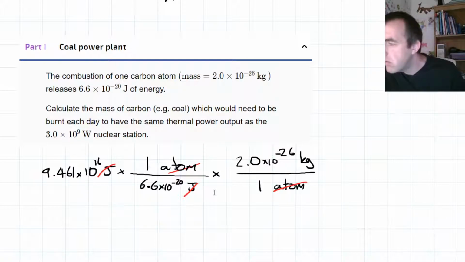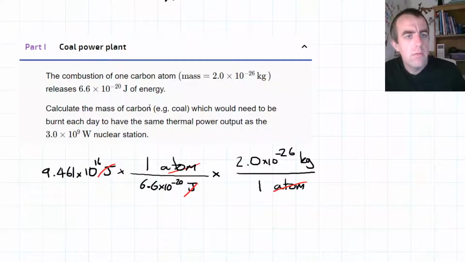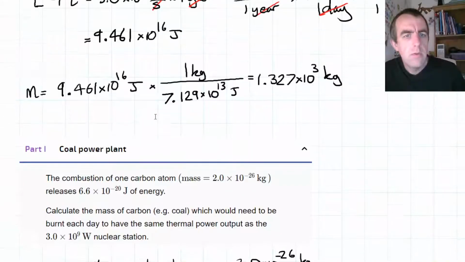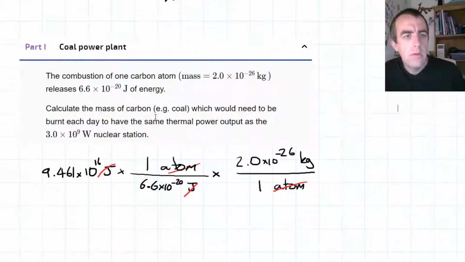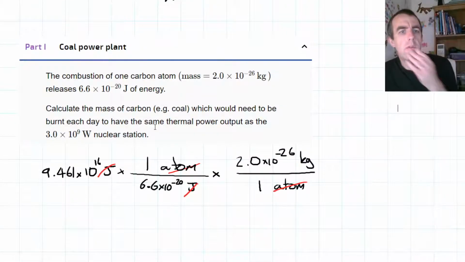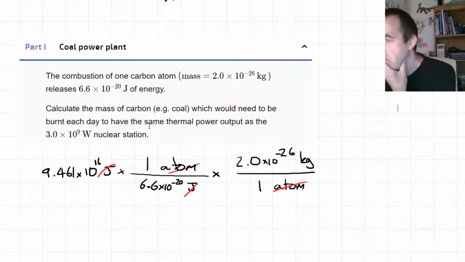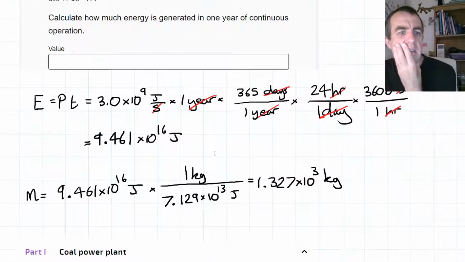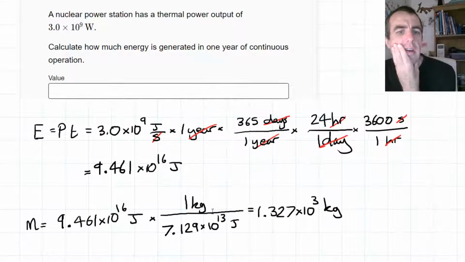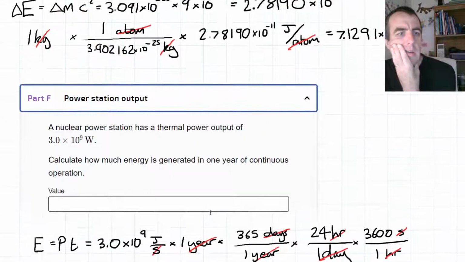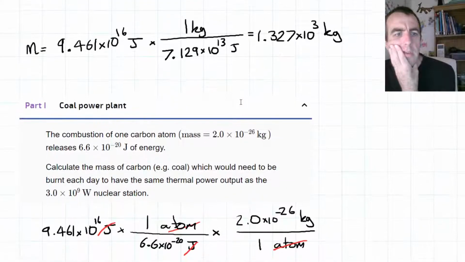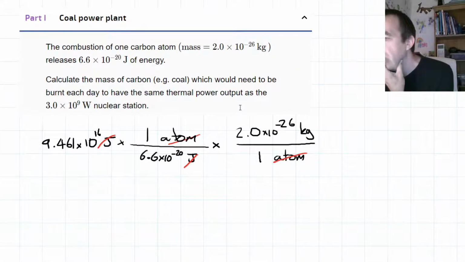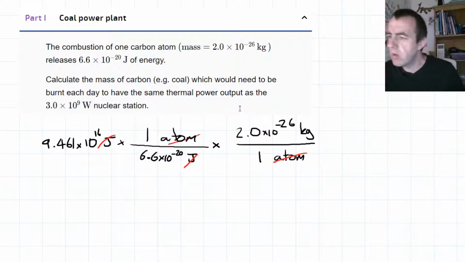Where'd you get 7.13 E13 from? That's here. That's the energy per kilogram for uranium. This question's about coal. I think that might be the previous question you're talking about there.